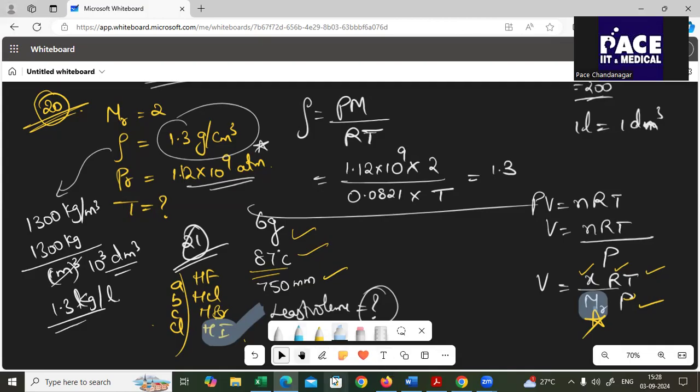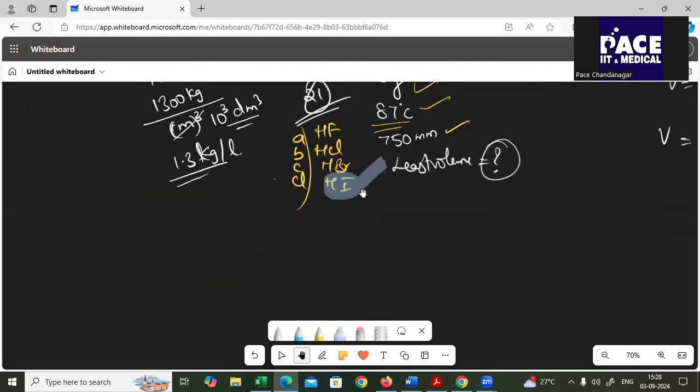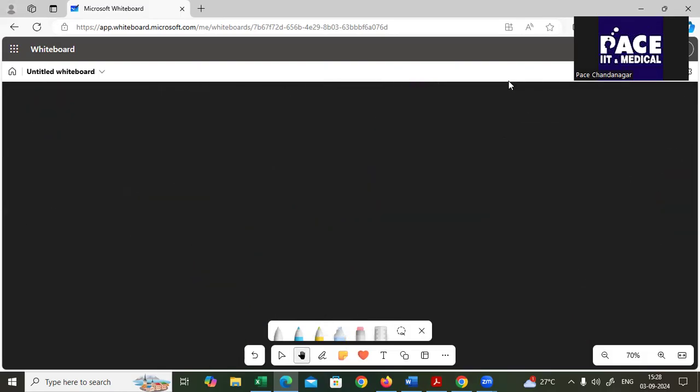Then moving on to the next question, 22. The density of oxygen gas is 1.458 gram per liter, which is a comfortable unit.